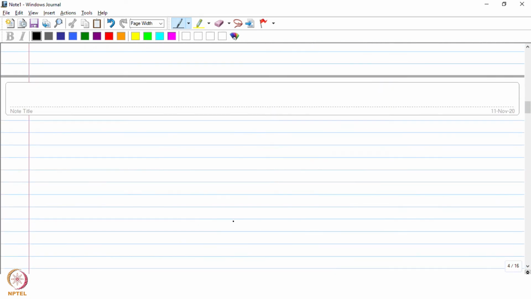So from that, we can write the average stress acting on the fiber, that is sigma F bar, as this, okay, where beta is a load transfer function.